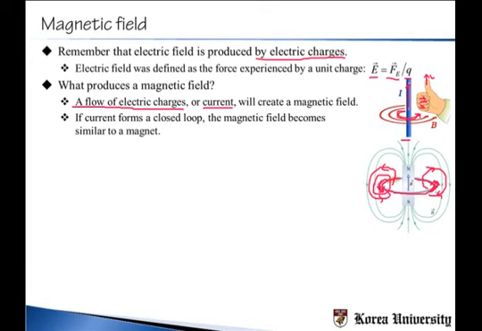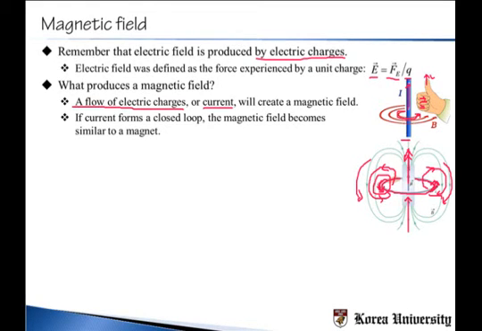If you repeat this around all parts of the loop, you can figure out that the magnetic field will be pointing along this direction in the middle. So the magnetic field comes out toward the upper direction in the middle and then goes around, going around like this on the left side and like that on the right side, and then comes back into the middle from the bottom.